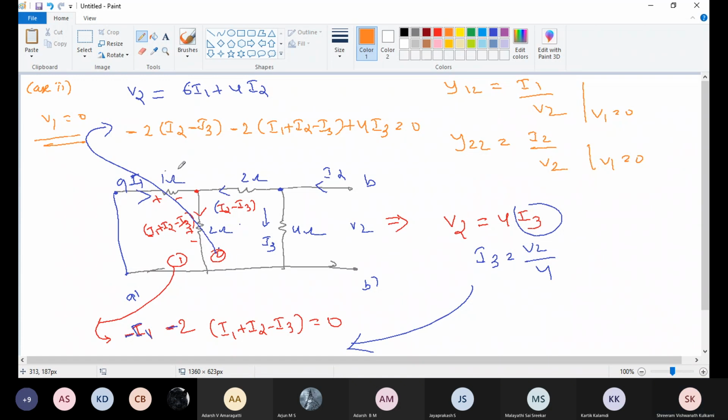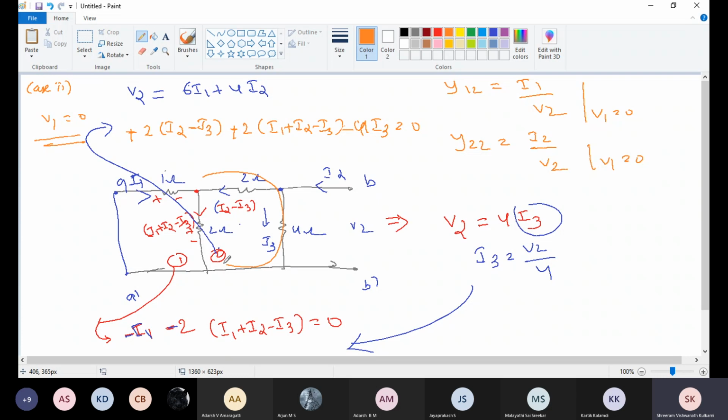Otherwise I can calculate with plus 2 times I2 minus I3 plus 2 times I1 plus I2 minus I3, but here it will become minus 4 I3 if I calculate in this path.